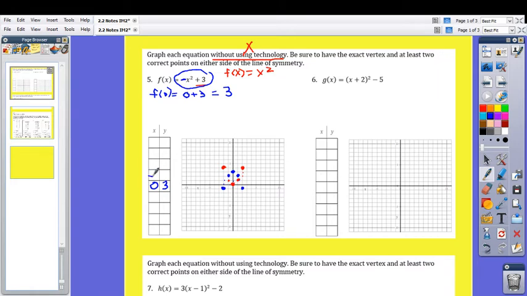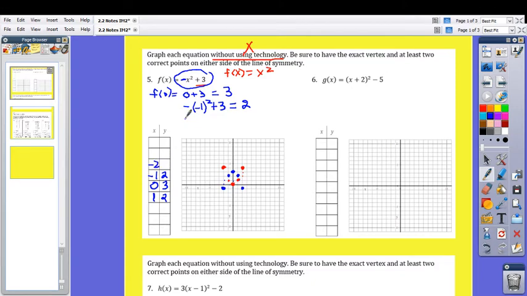Then if I do negative 1, then negative 1 squared plus 3 will give me 2. So I will have 2 here and 2 here, which are these 2 points.